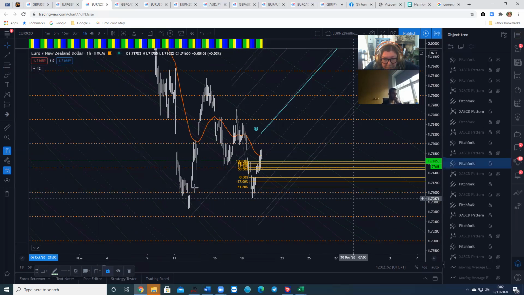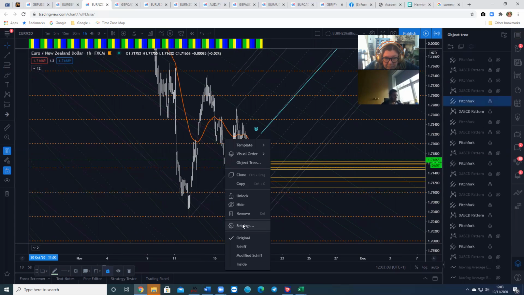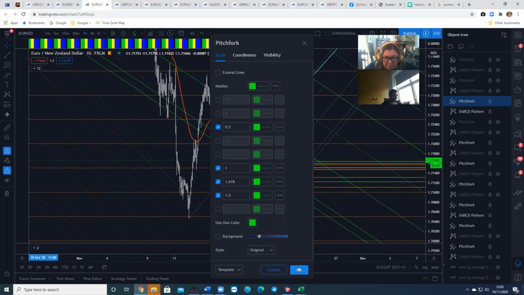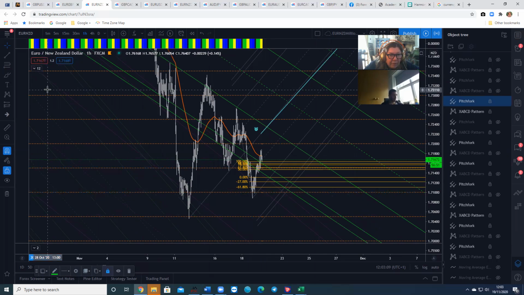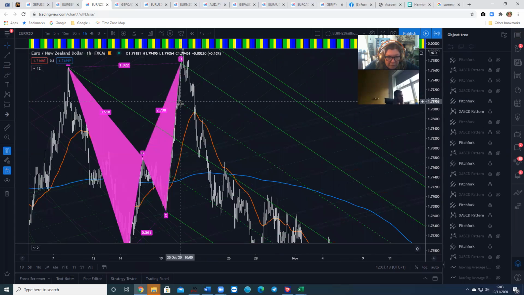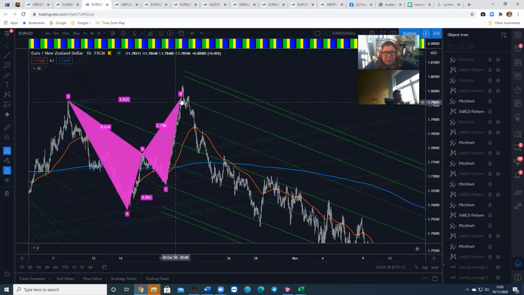Okay, so there's one here. I think it's this downward one. And that is from the 20th of October. This one I was a bit concerned about, and it disappeared off the scanner because I thought, well, surely it would have gone up there.